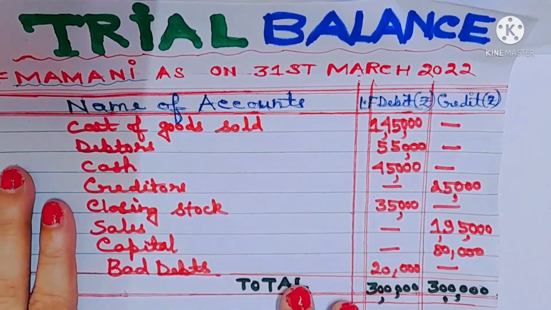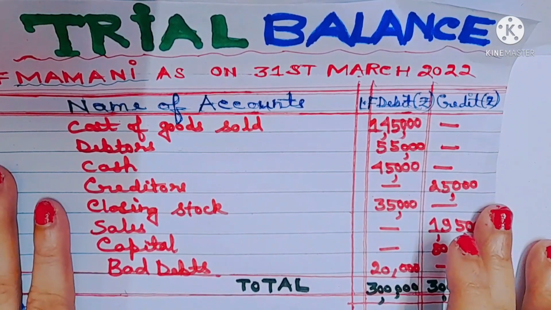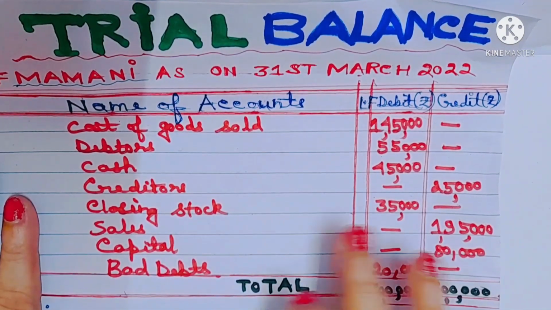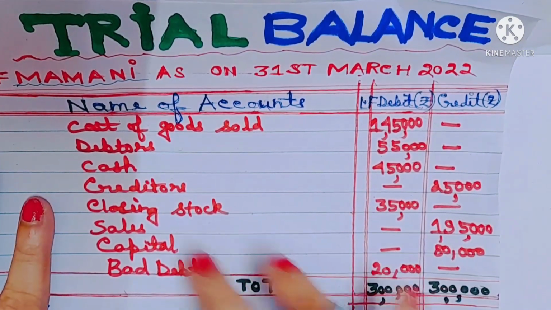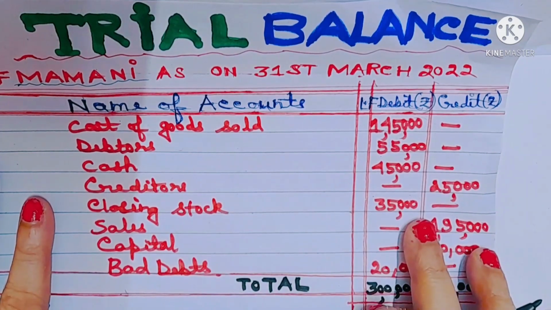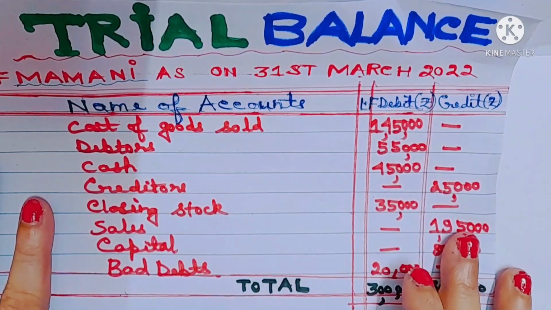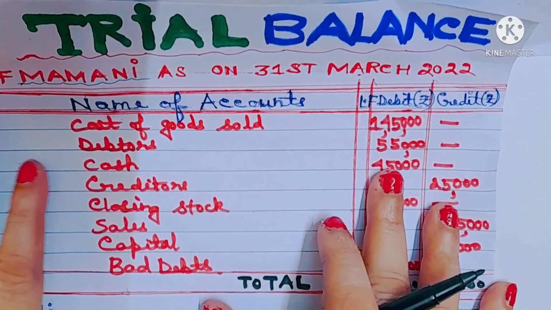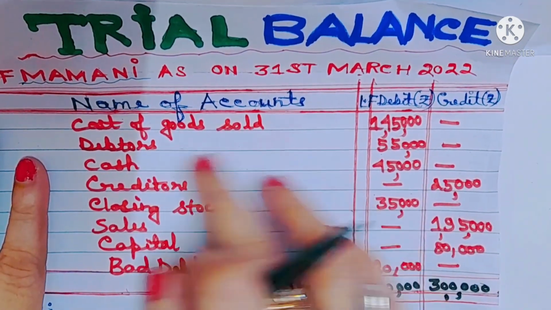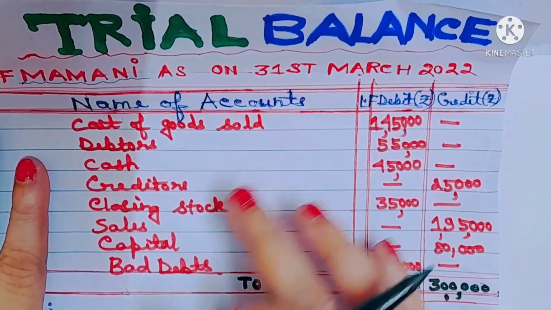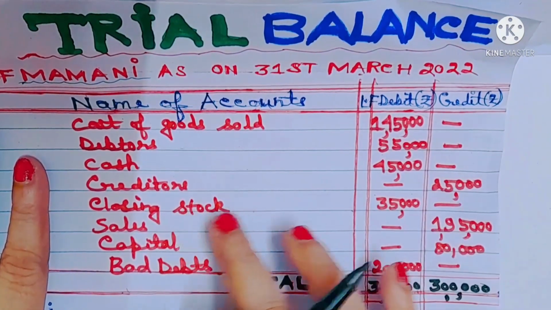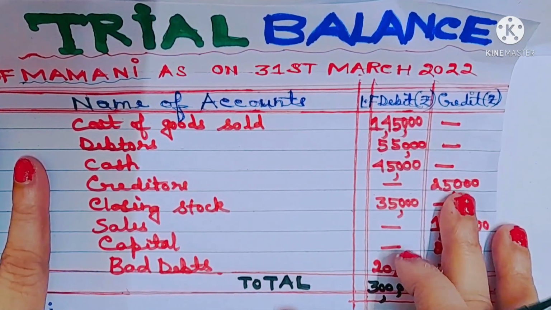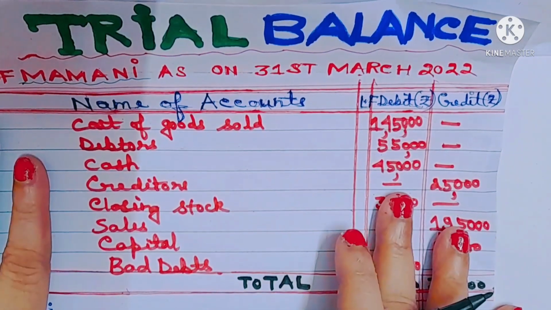But this is an exceptional trial balance where closing stock will appear in the trial balance but opening stock will not appear in the trial balance. So please remember, whenever there is cost of goods sold account, always remember closing stock will appear in the trial balance but opening stock will not appear in the trial balance.